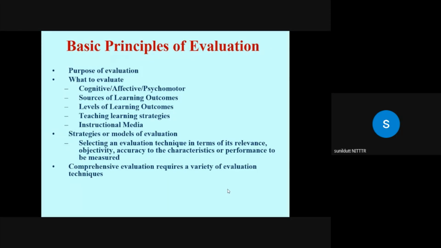So a complete picture of student achievement and development requires combining the results of different techniques. As I said, no single type of instrument can assess varied learning and development outcomes. So a mixed approach needs to be used.